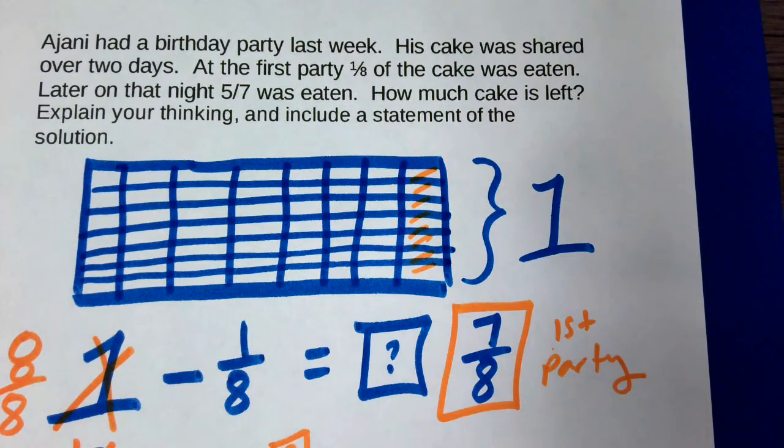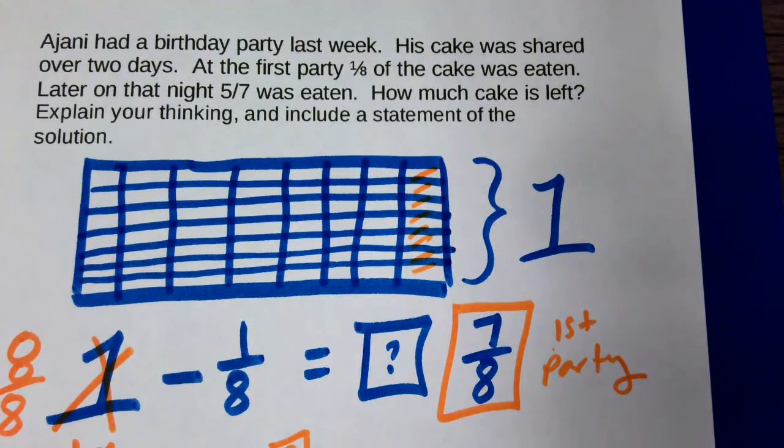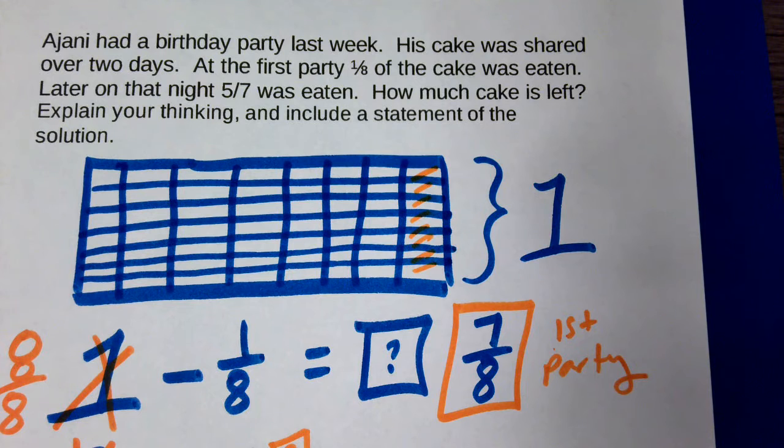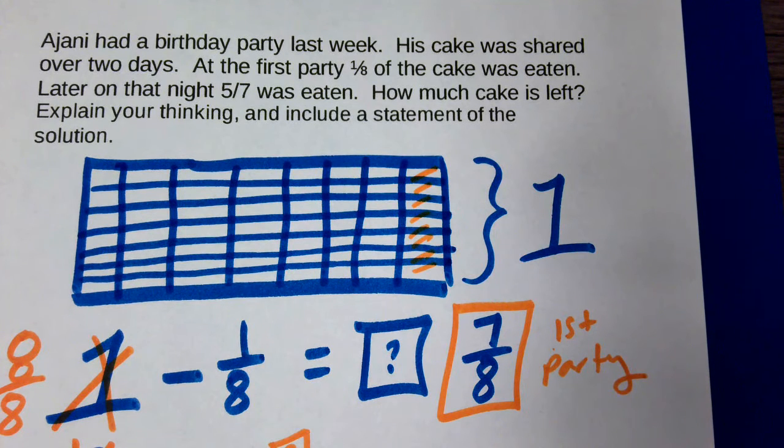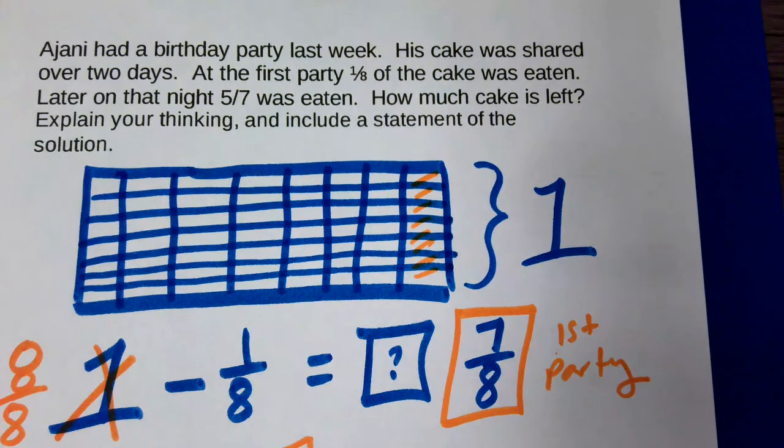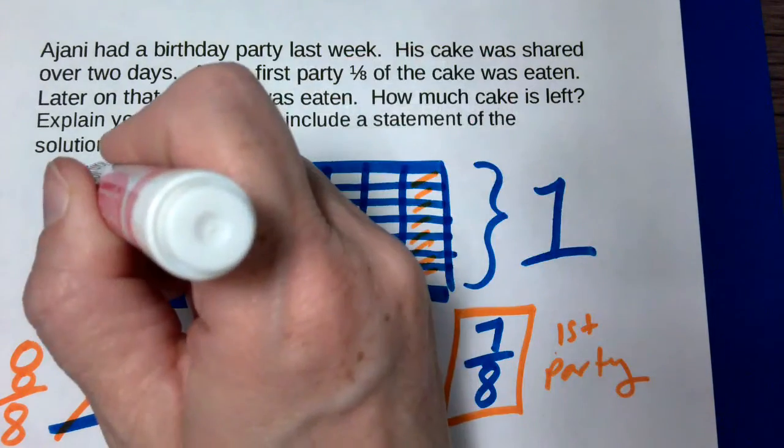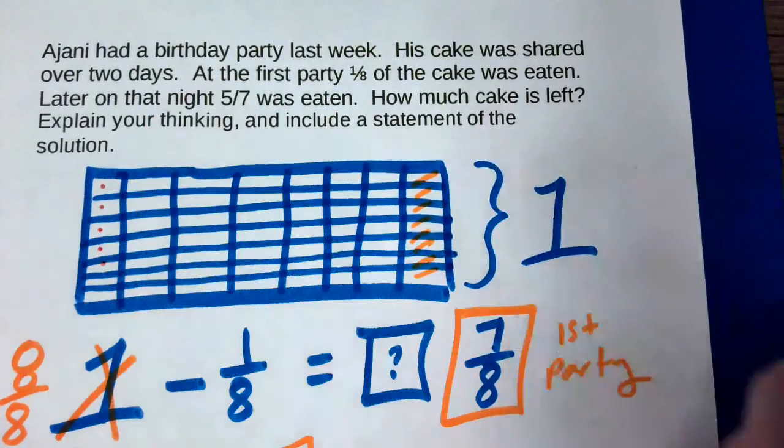And it said out of the entire cake, right? We had 5 out of the 7 eaten. So I'm going to mark those off as eaten. So 5 of these sections are going to be eaten. Okay, so 1, 2, 3, 4, 5.